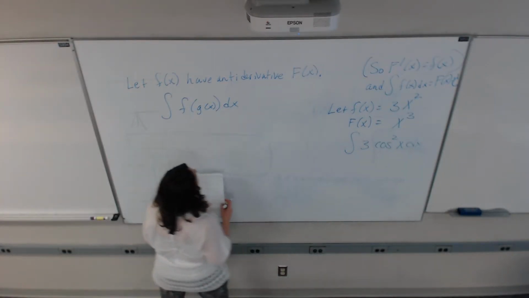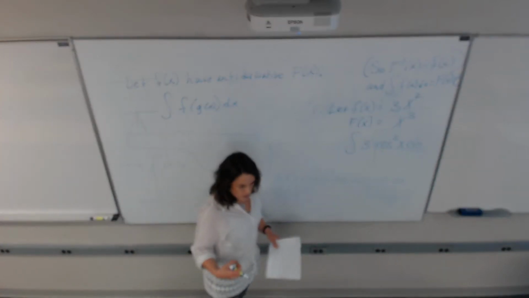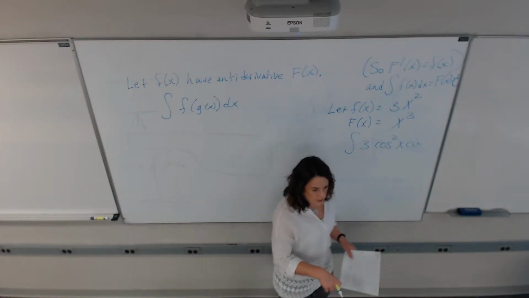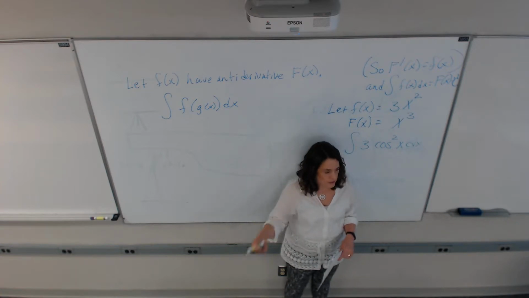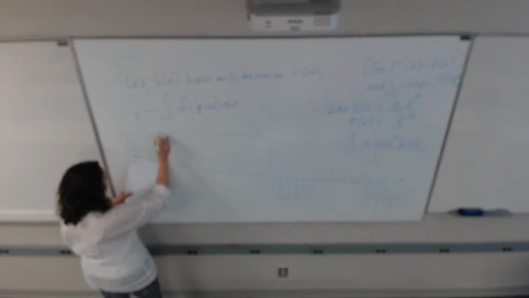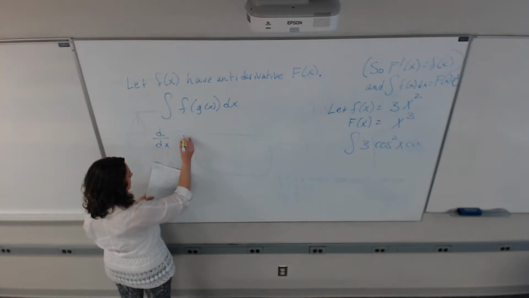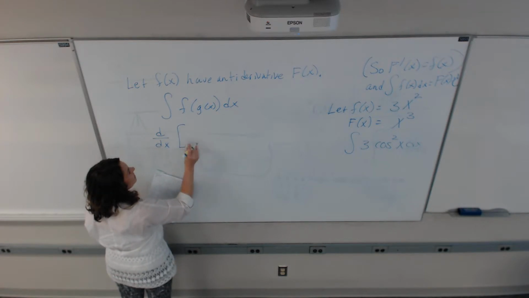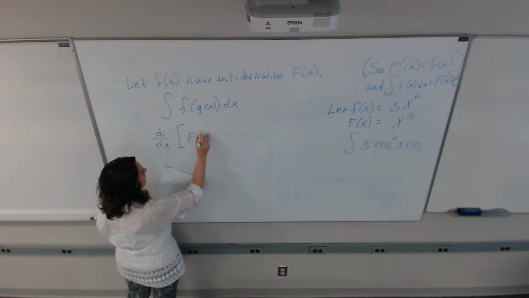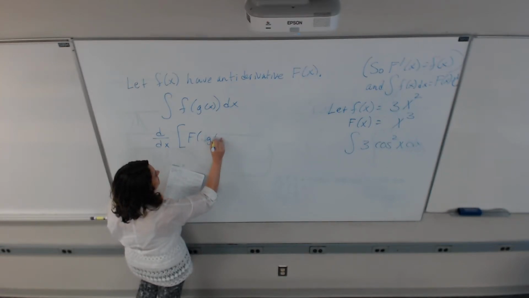In order to do that, we need to remember where this came from. We're trying to undo the derivative, so let's do the derivative on a composition to remind ourselves what we have to do. What is the derivative of a composition? Let's say we have capital F of x with g of x on the inside.